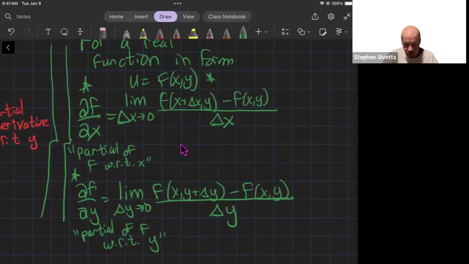This is what the partial derivatives mean in terms of multivariable functions, right? The partial of f with respect to x is equal to this limit. The partial of f with respect to y is equal to this limit by definition.